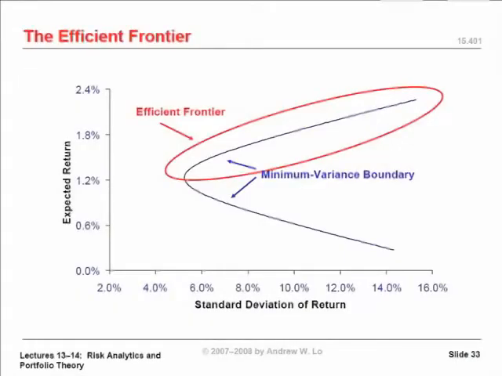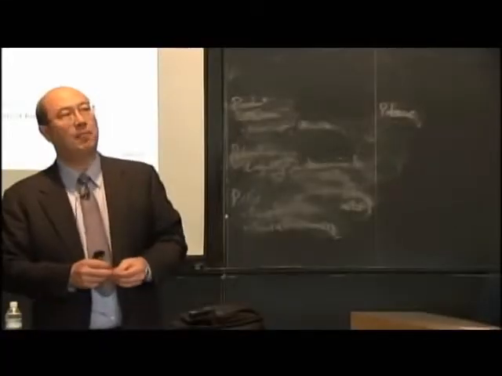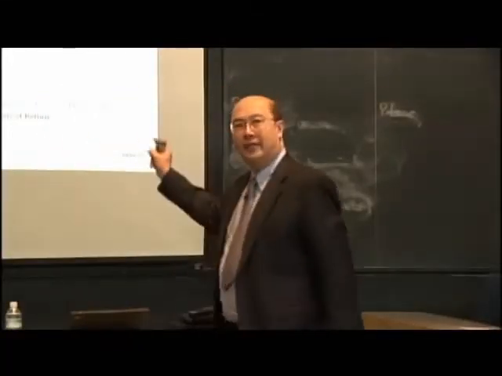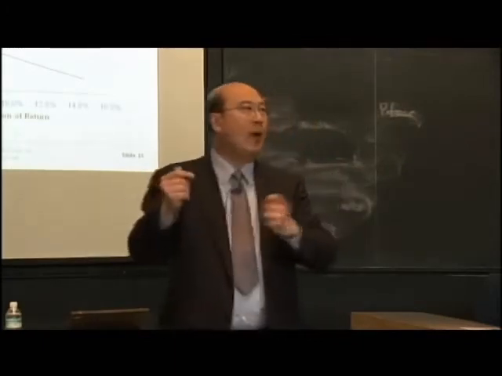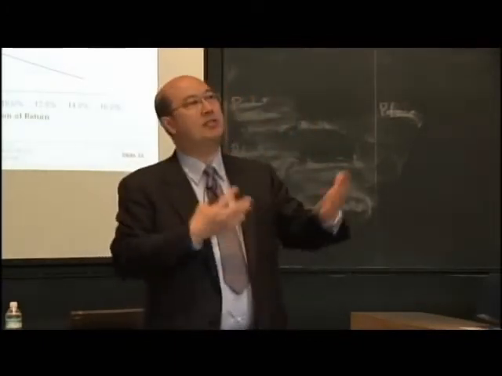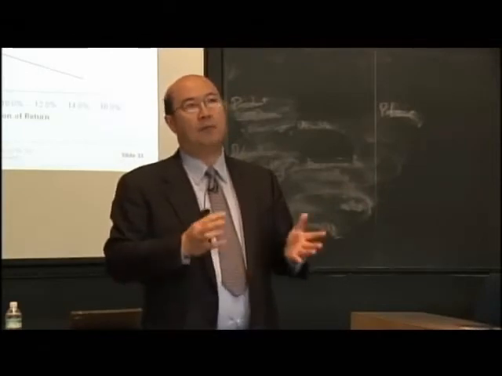The way we got it was from taking different weighted averages of the securities that we have access to as investments, right? So every one of these points on the bullet corresponds to a specific weighting. As you change those weightings, you change the risk and return characteristics of your portfolio.